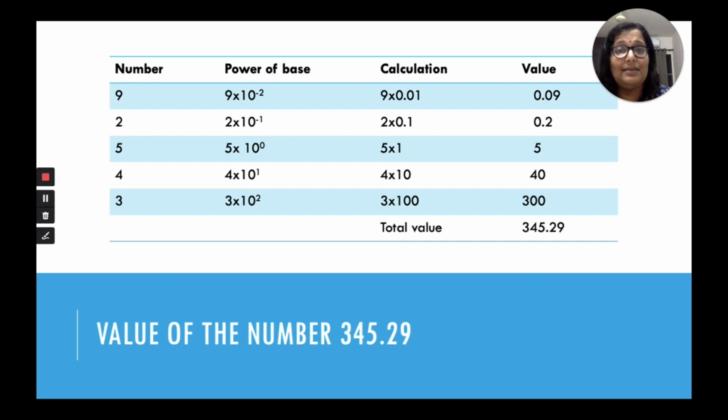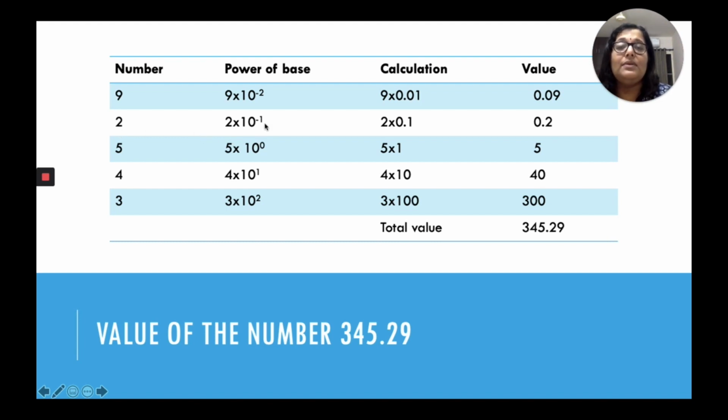So you can write it in those terms also. Then you do the calculation for that. If you are taking 10 raised to minus 2, it means 1 by 100. 1 by 100 is 0.01. That is equal to 0.09.